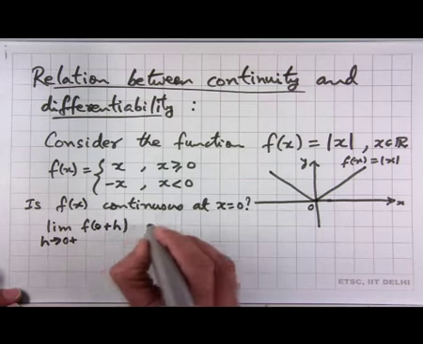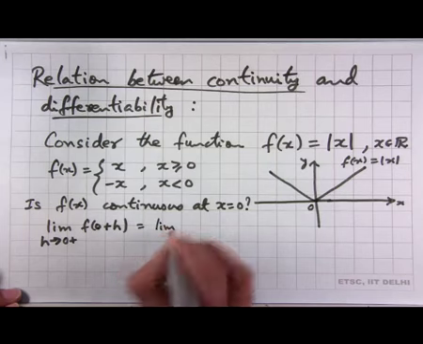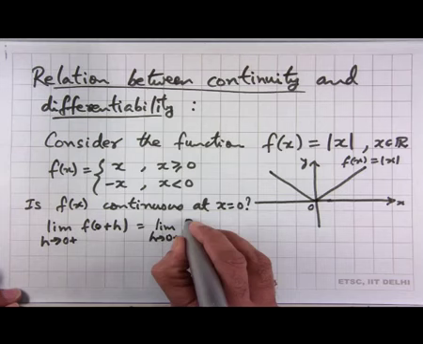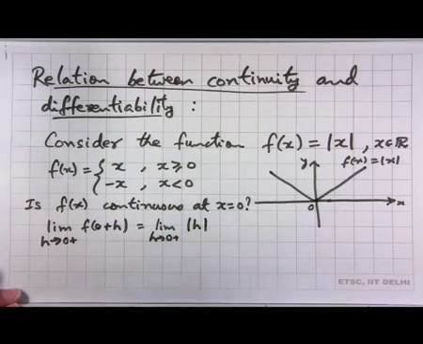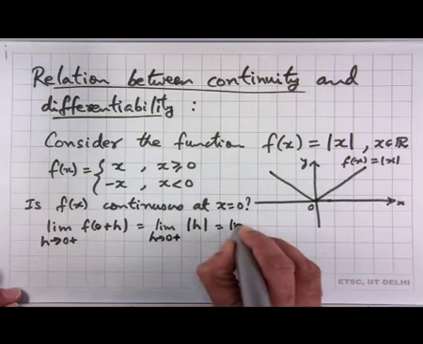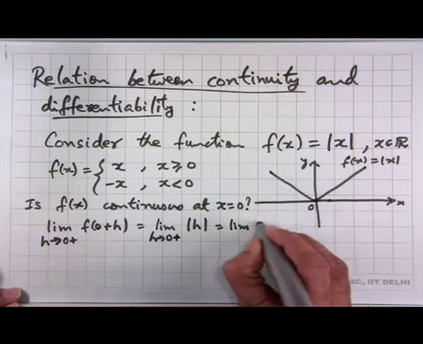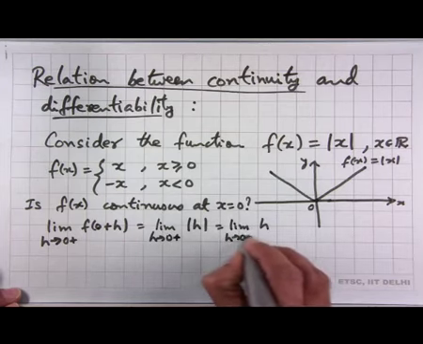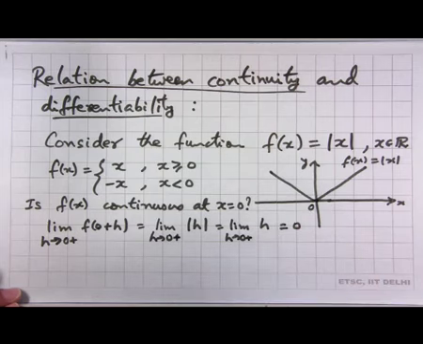What is this? This is equal to the limit as h goes to 0 plus of f of h, which is mod h, but because we are taking h to be positive, this is the same thing as the limit of h as h goes to 0 plus, which is equal to 0.